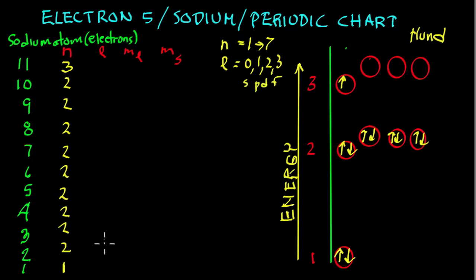Okay, so the first electron is 0, and the second electron is 0. And then you go to 3 and 4.